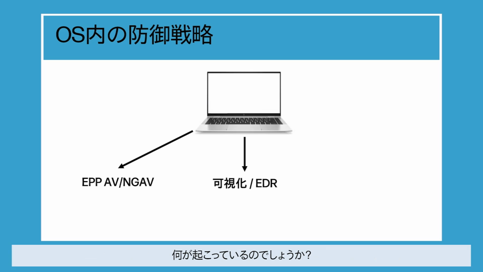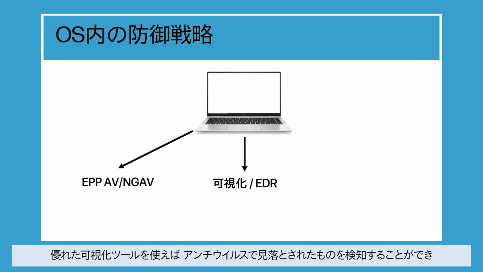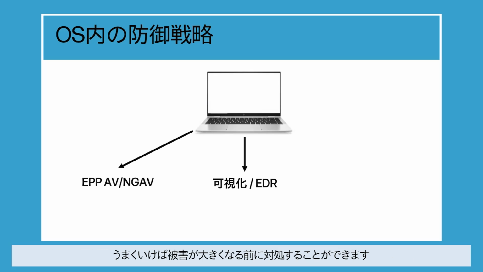So what would be happening? You're probably being exfiltrated. A malicious file is taking data from your PC and uploading it to a server. And so with a good visibility tool, you'll be able to detect that that has been missed by your antivirus, and you'll be able to hopefully take action before too much damage is done.